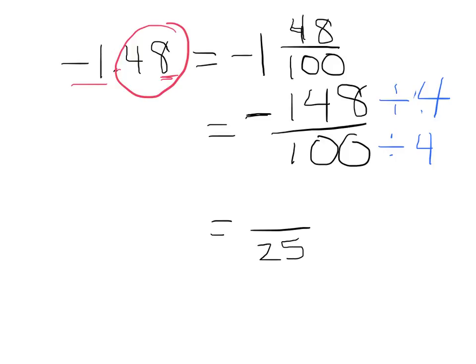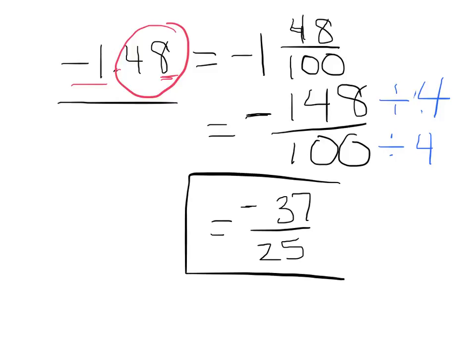And a negative 148 is going to give me a negative 37. And that's how we take a decimal and make it into an improper fraction, which will then show me that my decimal is a rational number, because rational numbers have to be able to be written in m over n.